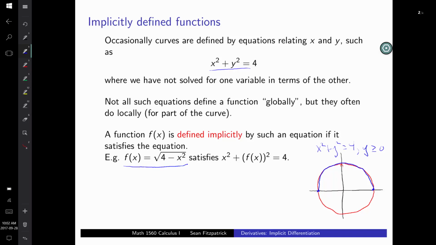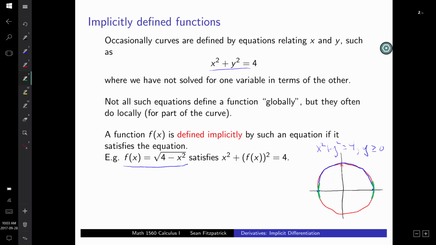We might not have a curve which is globally the graph of a function. The whole circle is not a graph. But locally it might be, if I just take part of the curve. If I take the top half of the circle, I can think of that as the graph of a function. Of course, I could also take the bottom half. The only thing I couldn't do is take any piece of the circle that passes through the points on the side, anything that passes through the x-axis.